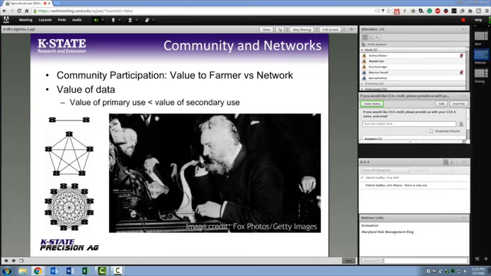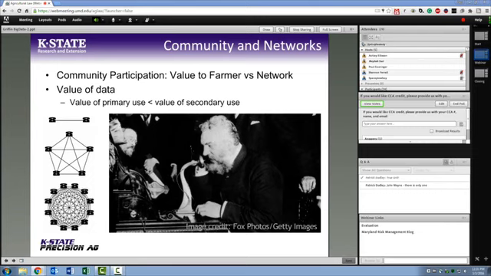Well, Amazon has sort of mastered the reuse of data, the secondary uses of data, by combining our data exhaust with other people's data exhaust, and they analyze this as a community.